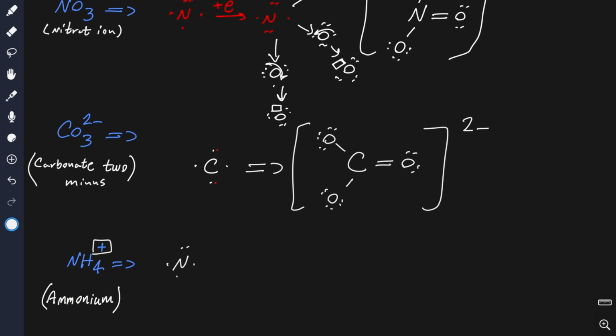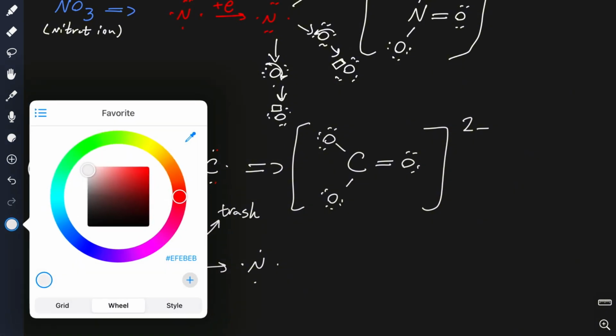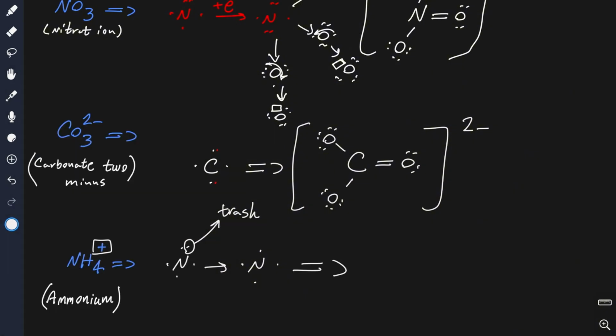Positive means NH4 lost an electron, so 1 electron goes to trash, and nitrogen makes this form. So now it is easy to draw 1H, 2H, 3H, and 4H. Finally, a bracket with positive.